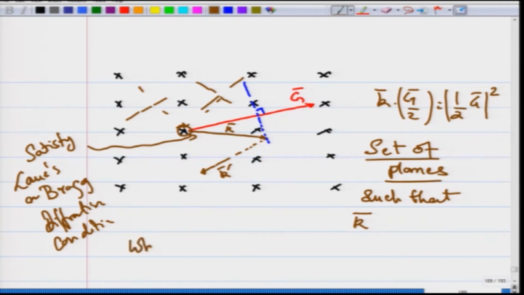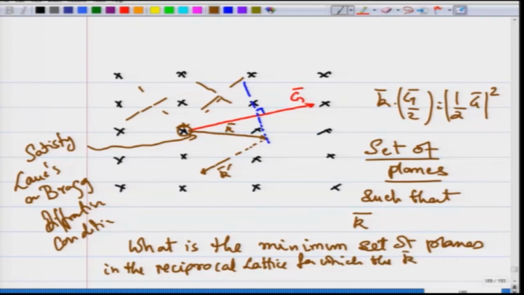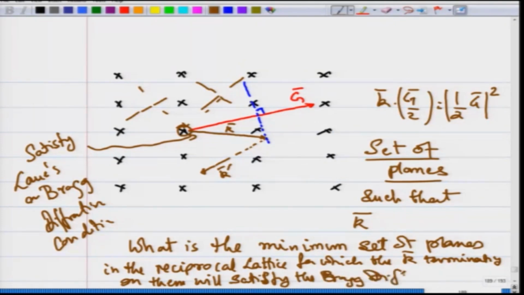So, what is the minimum set of planes in the reciprocal lattice for which the k's terminating on them will satisfy Bragg's diffraction?